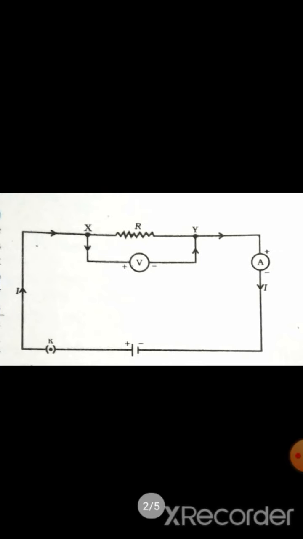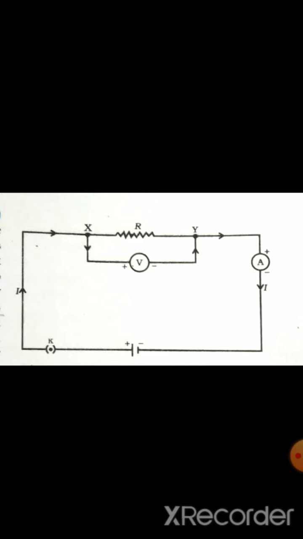Now consider a resistor R as shown in the circuit diagram. It is connected along with a cell, a plug key, an ammeter and a voltmeter. Remember the way you need to connect the ammeter and the voltmeter: ammeter in series and voltmeter in parallel.